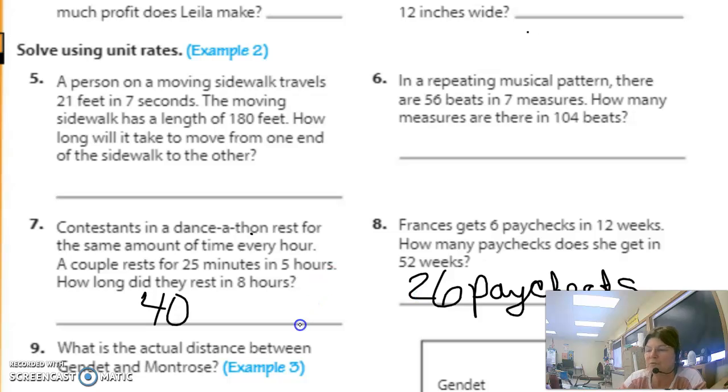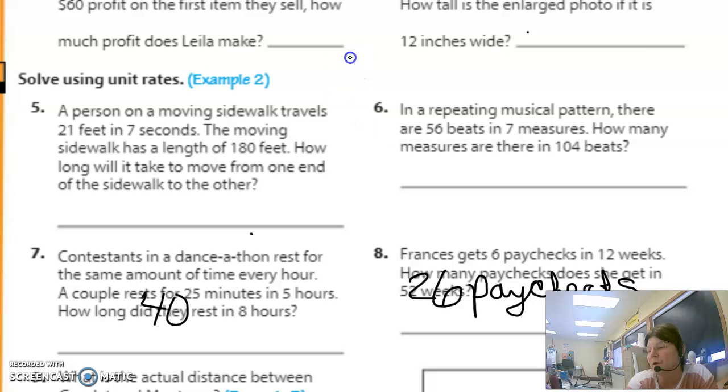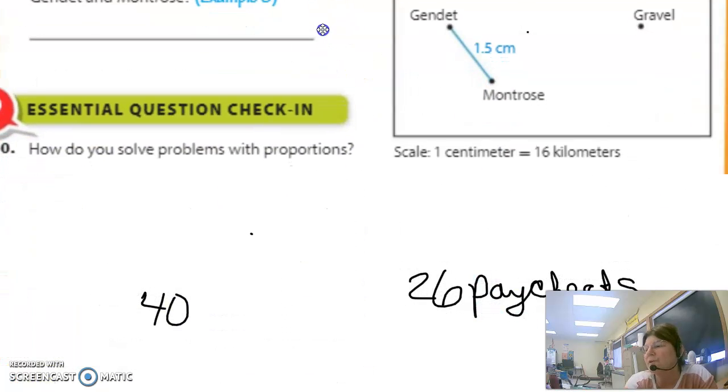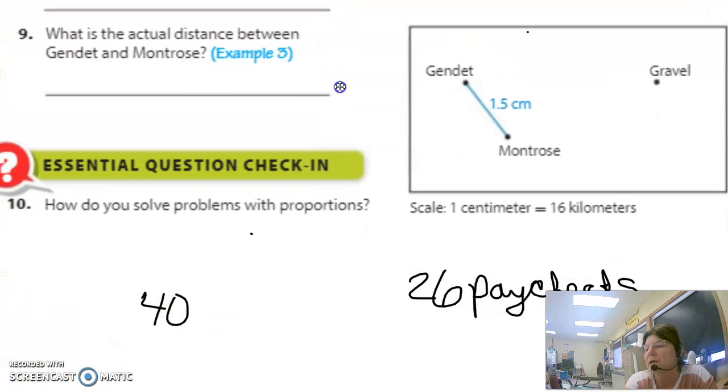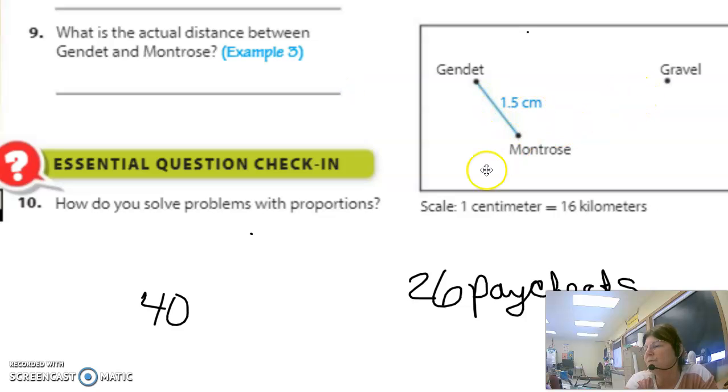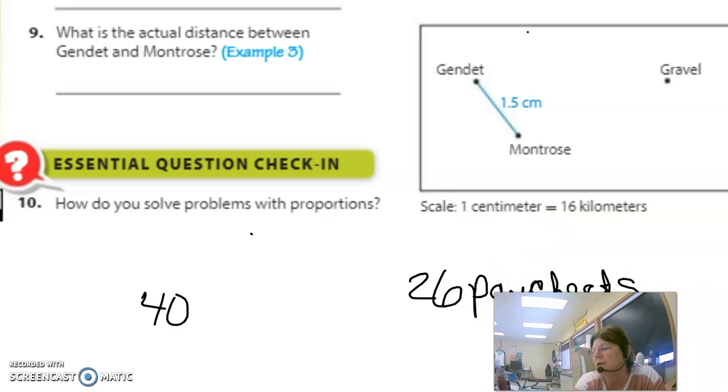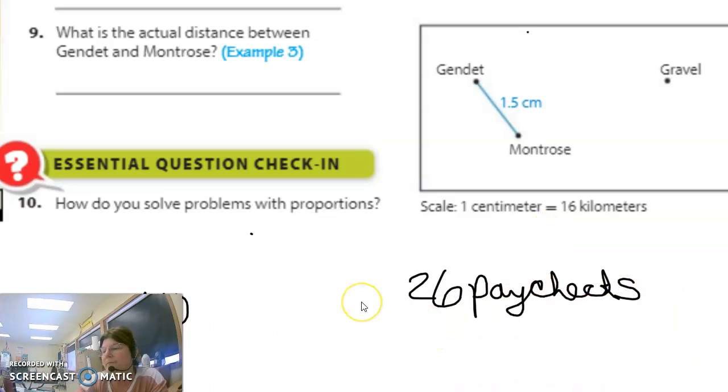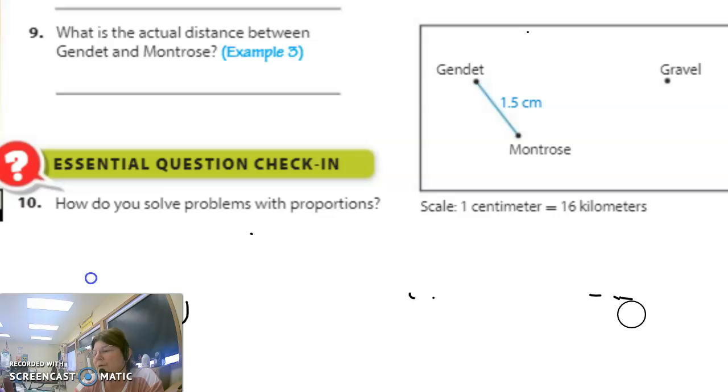And what's the actual distance between Jeanette and Monroe? So now we're talking about scaling on a map, right? And so we have to know how much is what. In this particular case, 1.5 centimeters. So 1 centimeter equals 16 kilometers. So now we're going to figure out map scale.